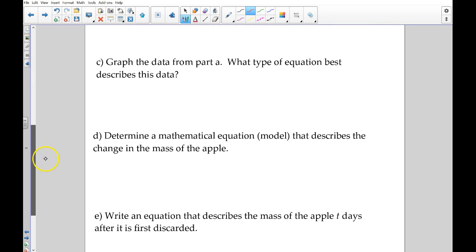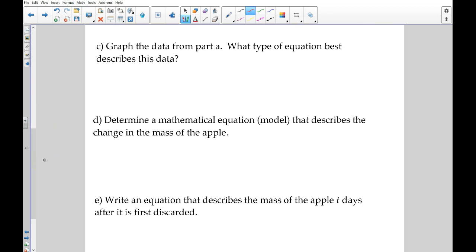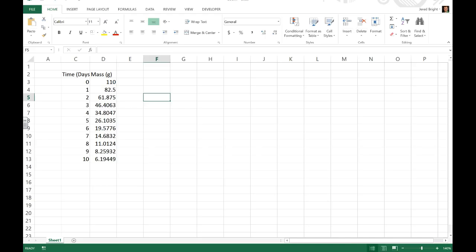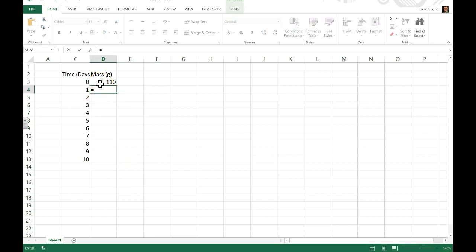Part C says, graph the data. I'm going to open up Excel, and we're going to pretend that this information is not there. For day 1, we can set up a formula, and then hopefully it'll apply for the rest of the days. What we would do is take 75% times the amount that existed previously.